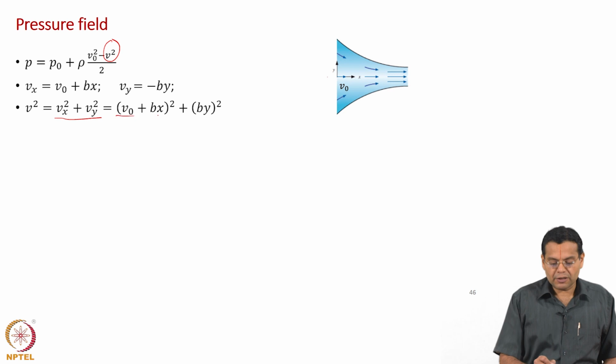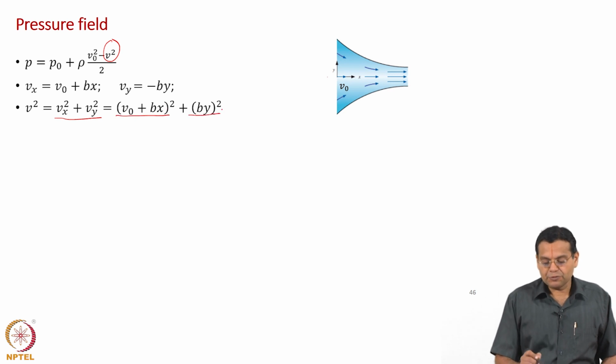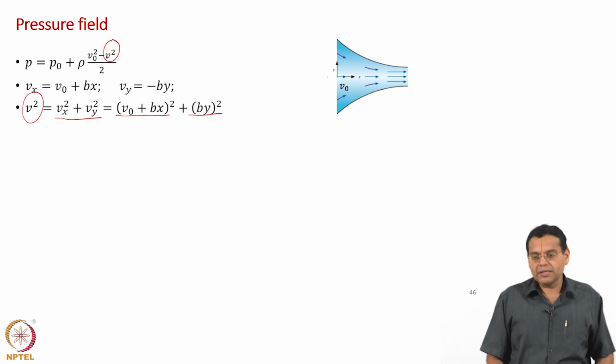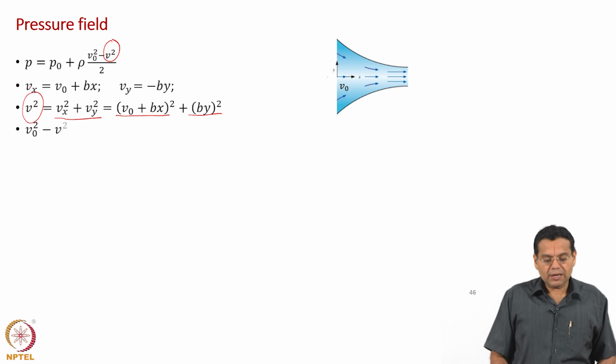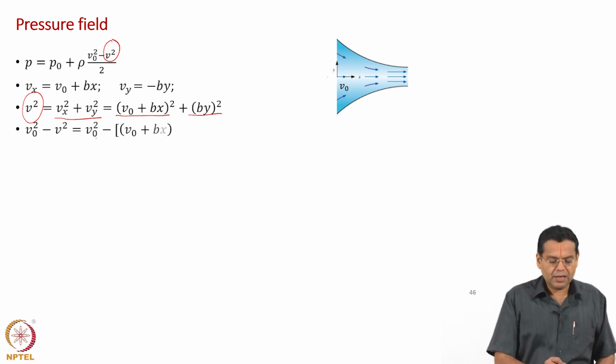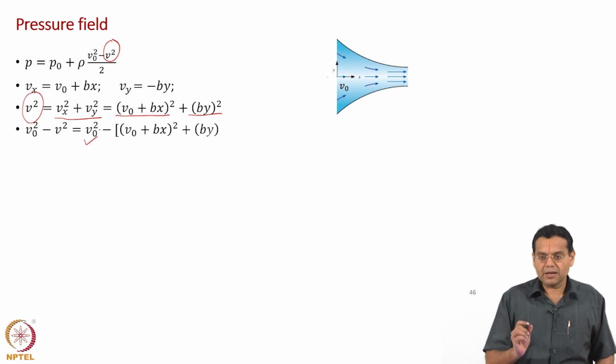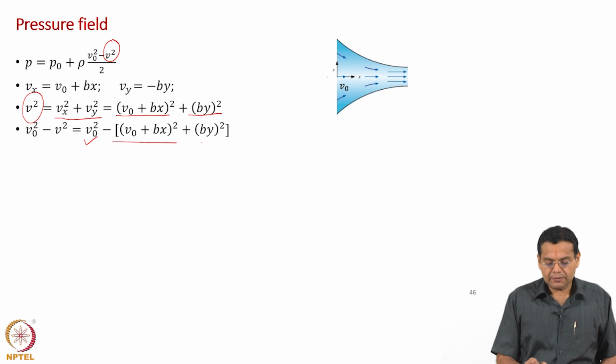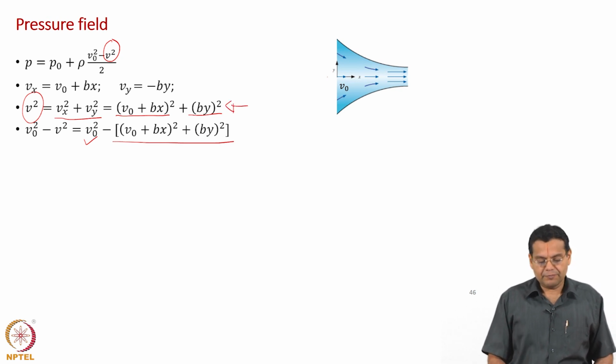So, we substitute for V x, we substitute for V y. So, I can find out the square of the magnitude of the velocity. So, what we want on the right hand side is V naught squared minus V squared by 2. V naught squared is given to us, it is the velocity at x equal to 0, y equal to 0. We have this term which I have found out in the previous step in terms of x and y.